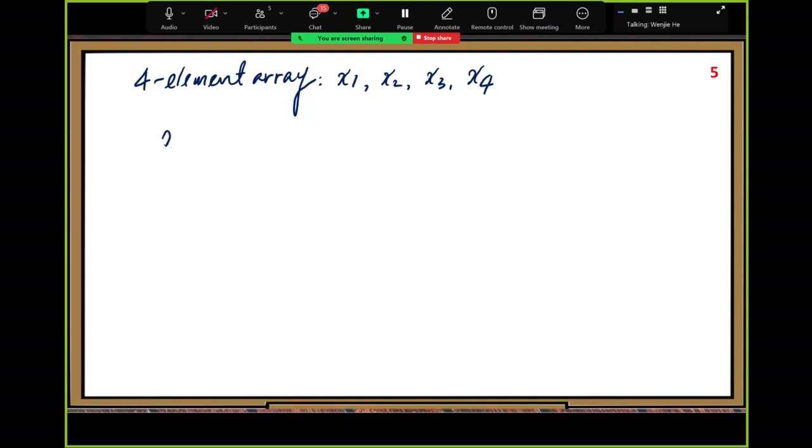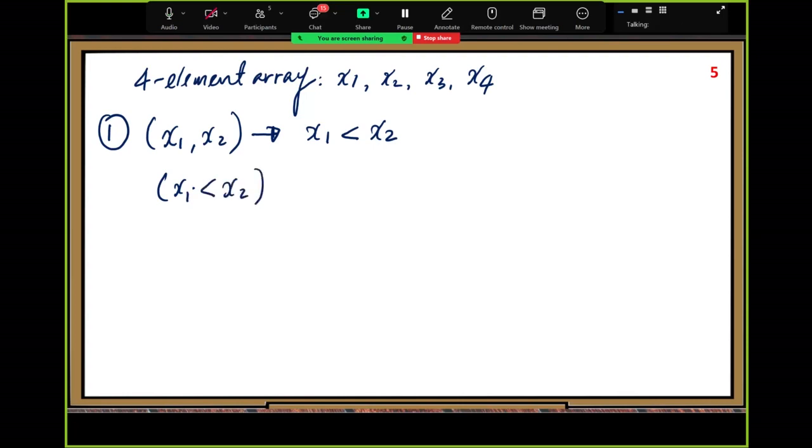The first element, x1, is already sorted. The second time we do one comparison, x1 with x2, to get it sorted. Let's assume x1 is less than x2. This is the first comparison. Next we consider inserting x3, which takes 2 more comparisons.